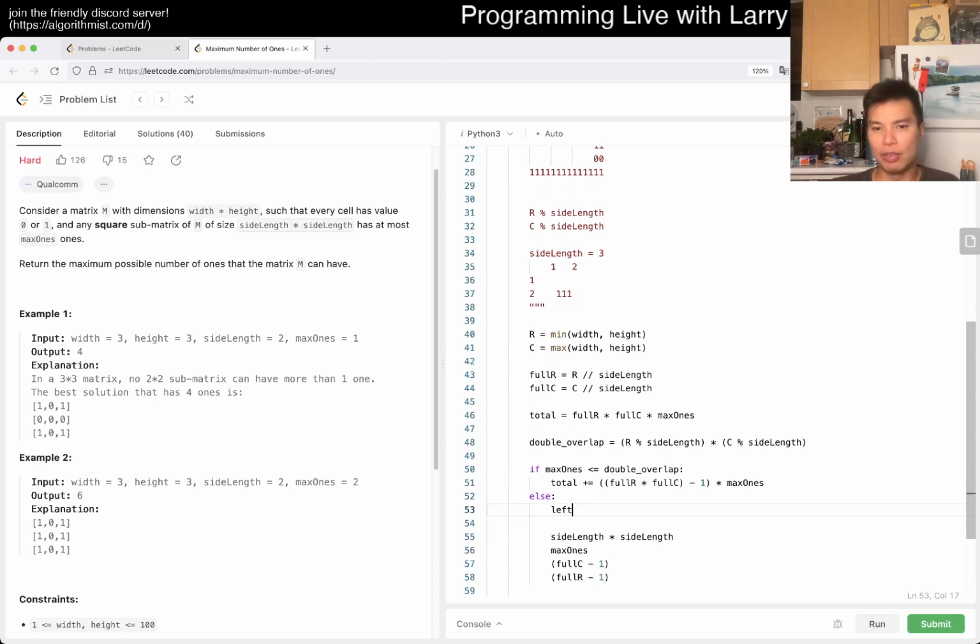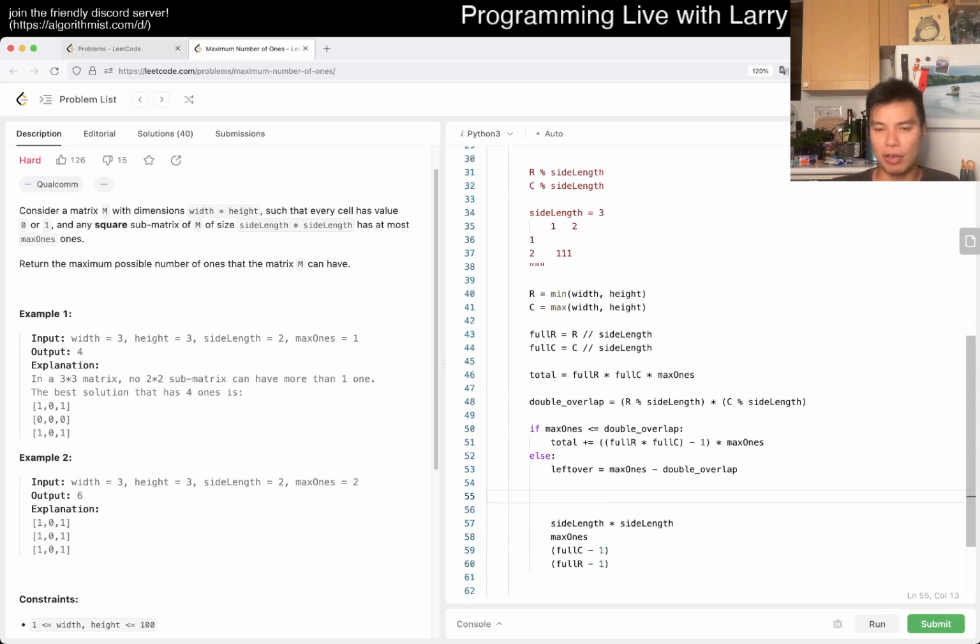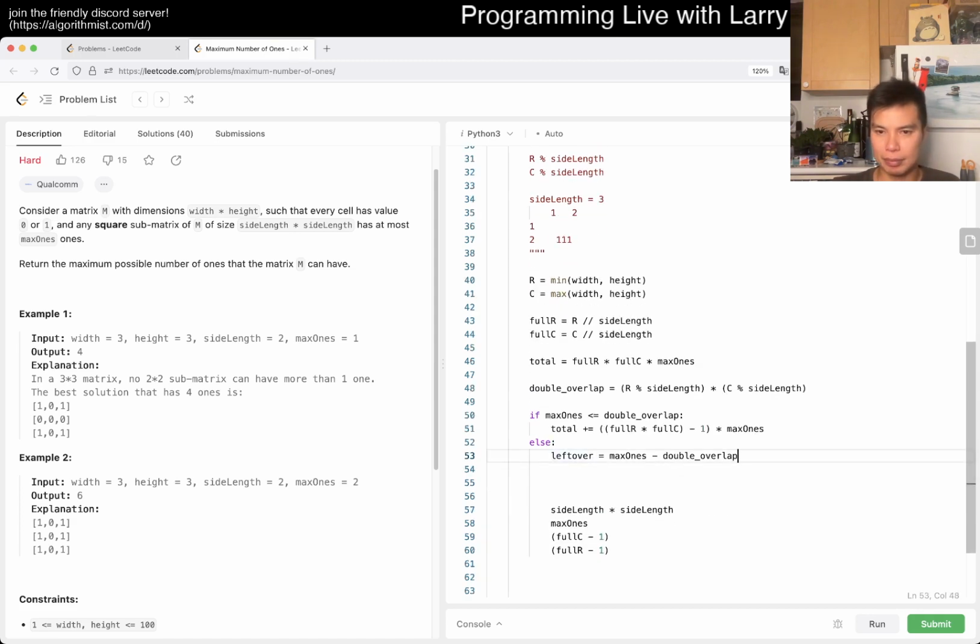Leftover is equal to max ones minus double overlap, right? And of course, total space is equal to side length times side length, because you can think about it as a side thing, and not all of them is attributed to the long side, but this is space.